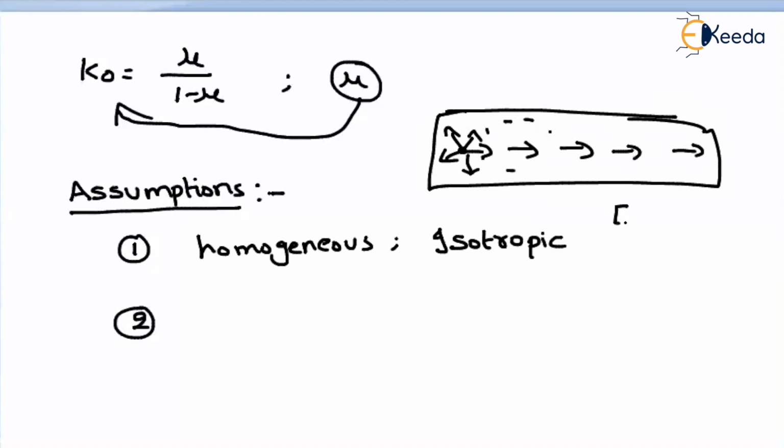What are the properties? Your Young's modulus or your mu value. So most probably the usable parameter here is mu. So if you are talking about homogeneous and isotropic, whatever point you consider in the soil mass, your Poisson's ratio is constant. And also we will assume that your soil mass is semi-infinite.